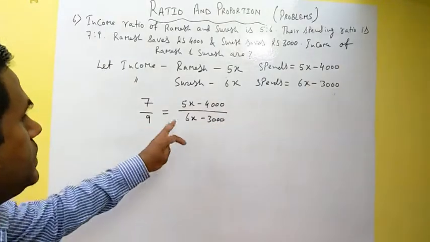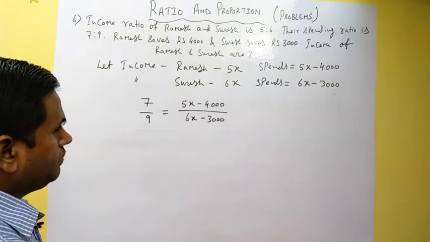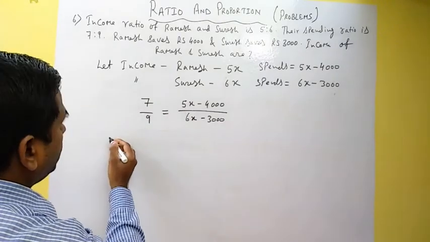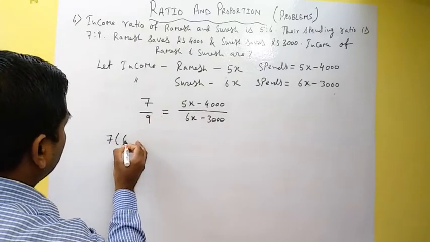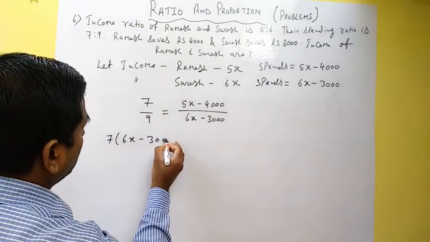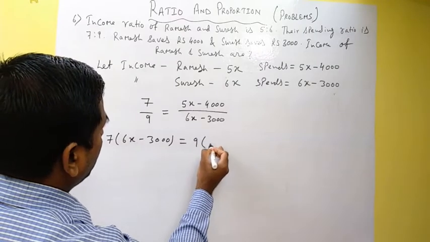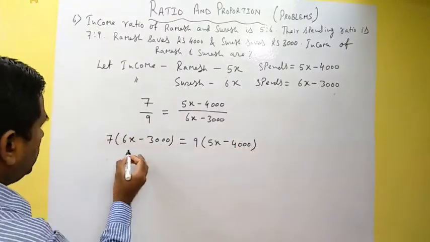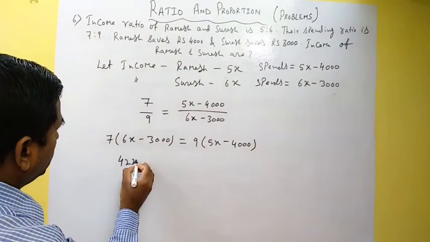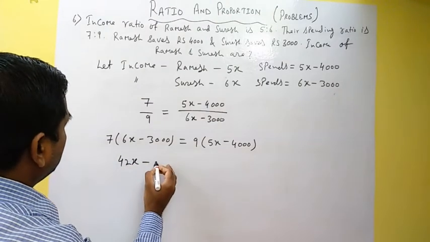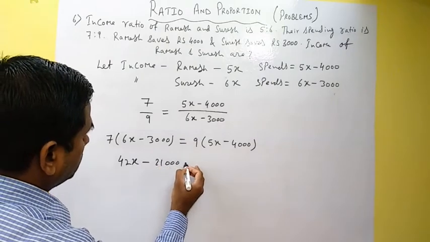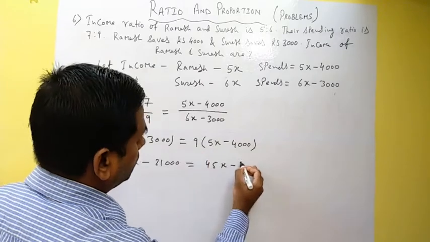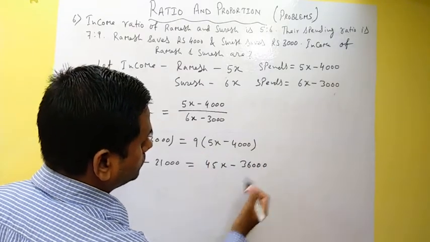Upon solving this, we will get the value of x. We have to do the cross multiplication here. So 7 into (6x minus 3,000) is equal to 9 into (5x minus 4,000), which gives 42x minus 21,000 is equal to 45x minus 36,000.